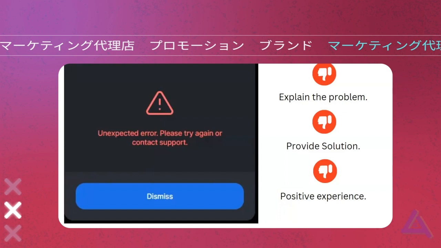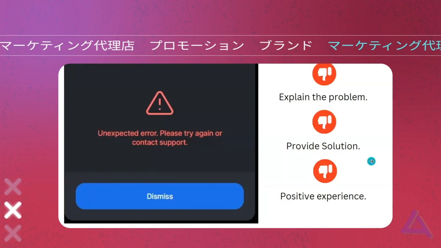And they didn't have support at that time, so contact who? A lot of people tried to investigate this one, and it was the support of the coin that they were trying to trade. So it was not the support of Uniswap, it was the support of the coin. So it doesn't explain the problem, it doesn't provide the solution, and it's not a positive experience.